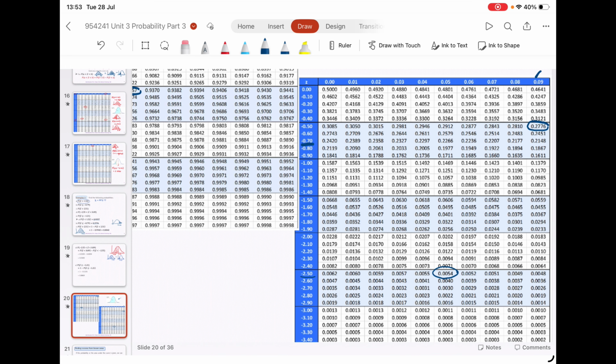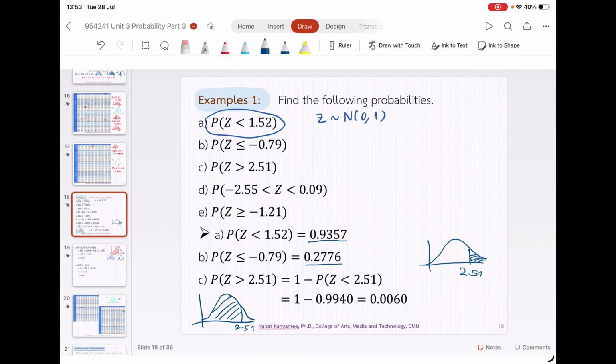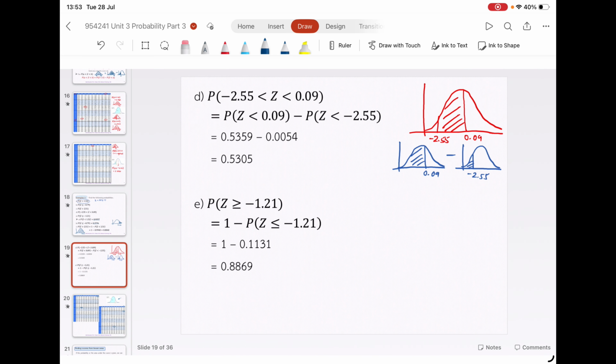So take out these two values. Now 0.5359 and 0.0054, you subtract it, you get the answer 0.5305.